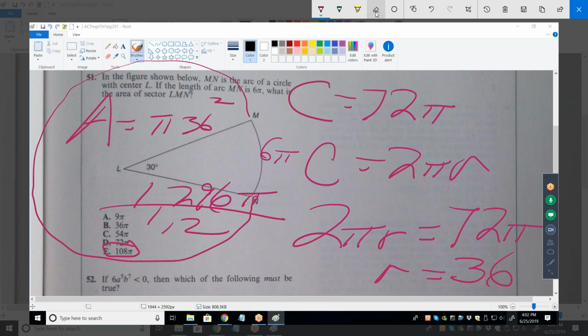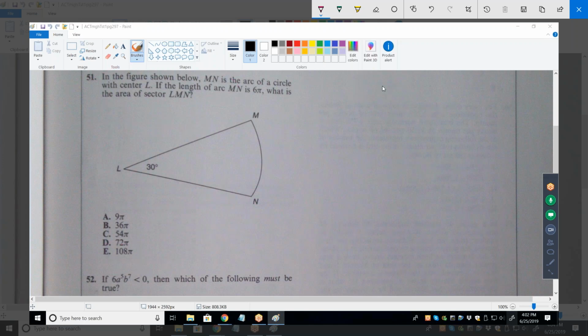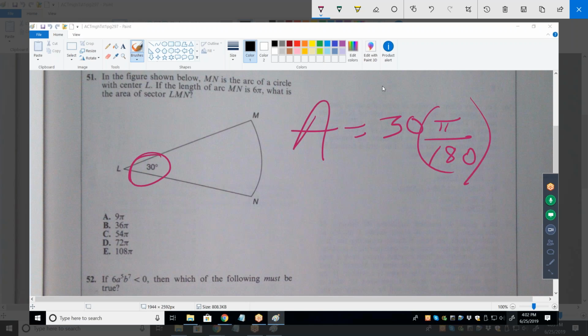There is actually a formula from trig where the area of a sector is this thing in radians. So 30 times pi over 180, that puts it in radians, times the radius.